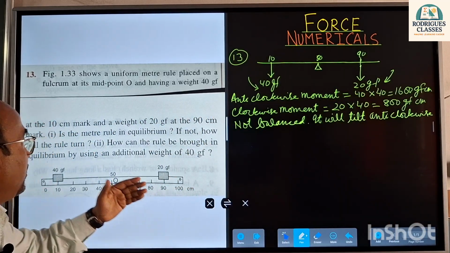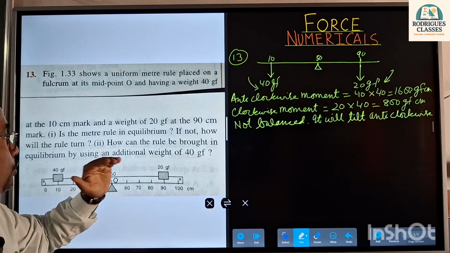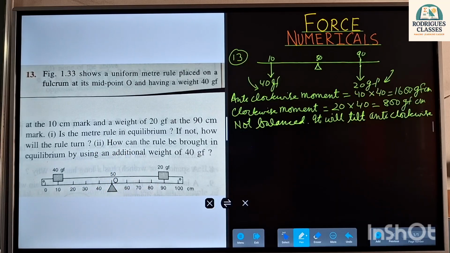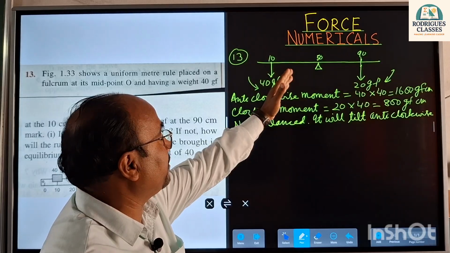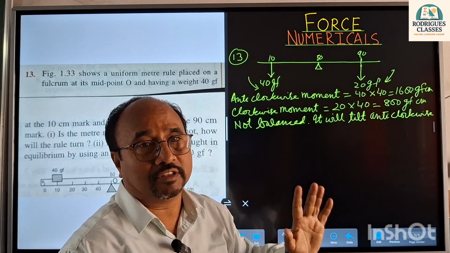Now comes the second part. We have a weight of 40 GF, where should we place it so that it gets balanced? Now because the anti-clockwise moment is more, this side is already heavier. So we will have to place it on this side.